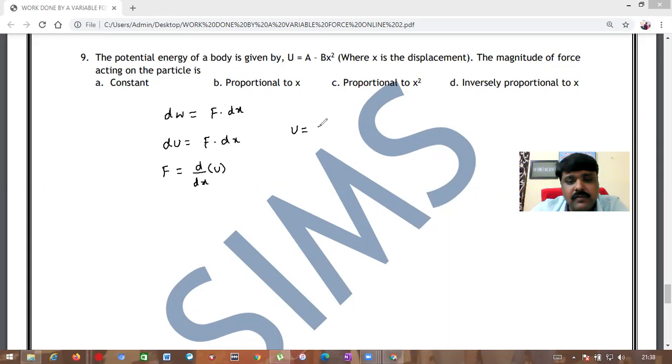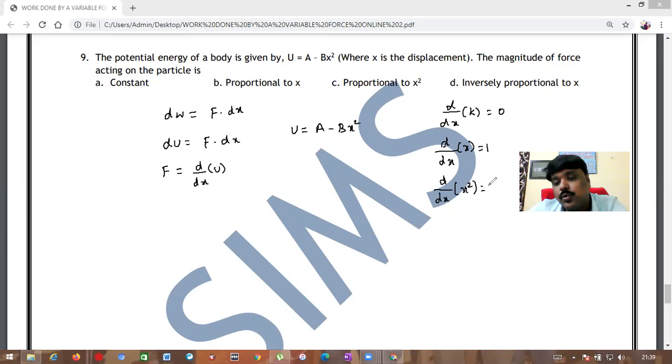Here we are given the value of U as A minus Bx square. Let us write the formulae of differentiation. d by dx of a constant equals 0. d by dx of x equals 1. And d by dx of x square equals 2x. These are the formulae related to differentiation in mathematics. Here, F equals d by dx of U, that is, A minus Bx square.